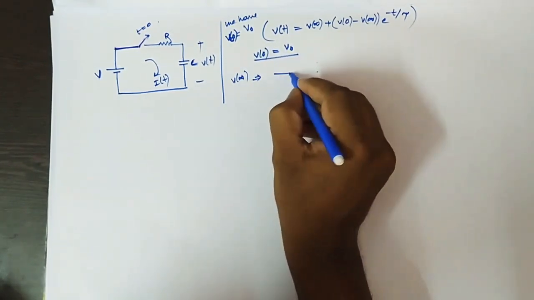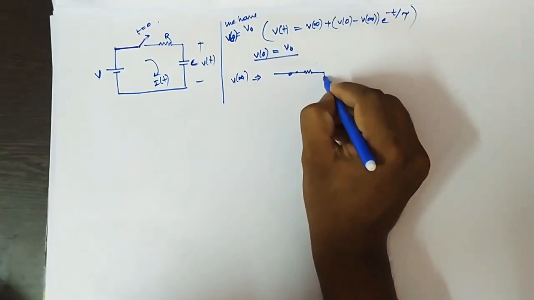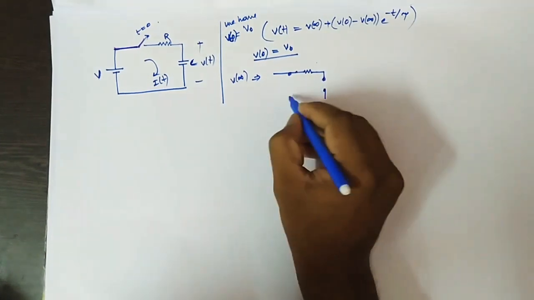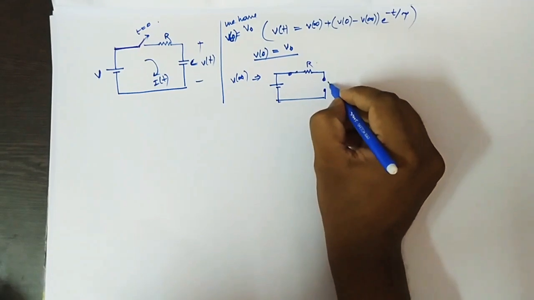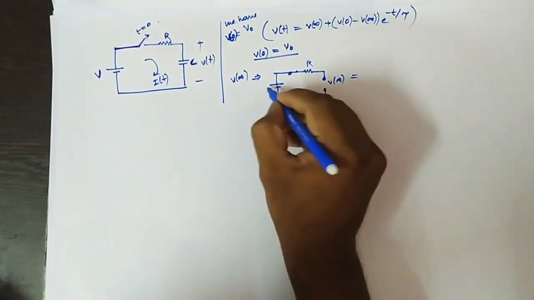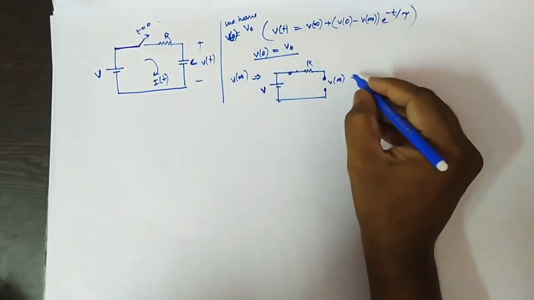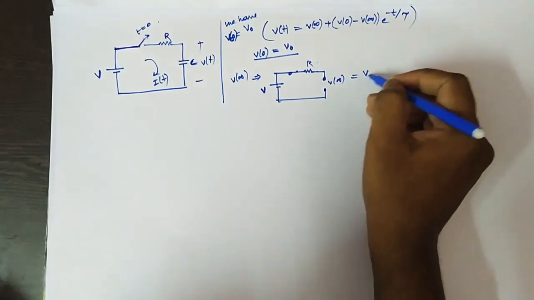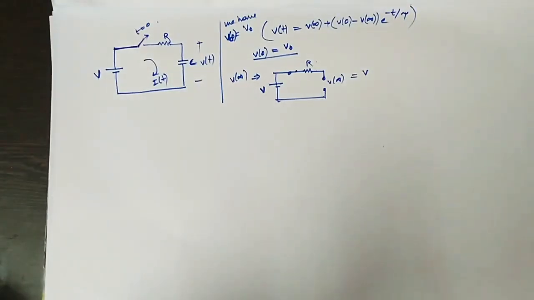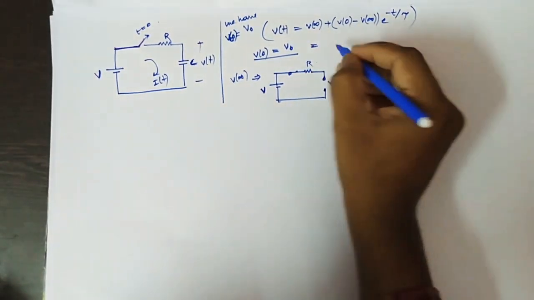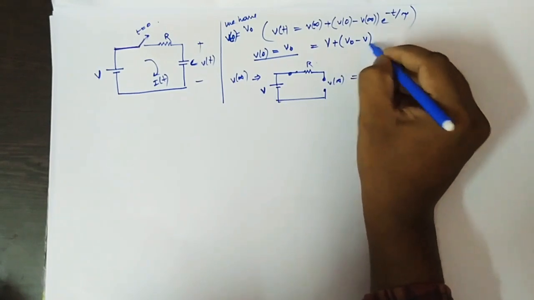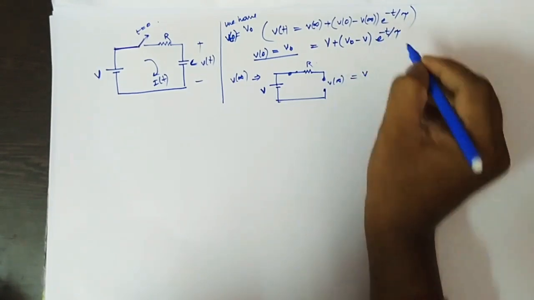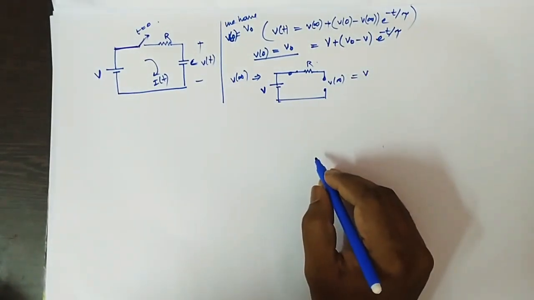The switch will be on and the capacitor will be open for steady state, and v of infinity equals the input voltage V. So if you represent it here, we get V plus V naught minus V into e power minus t by tau.